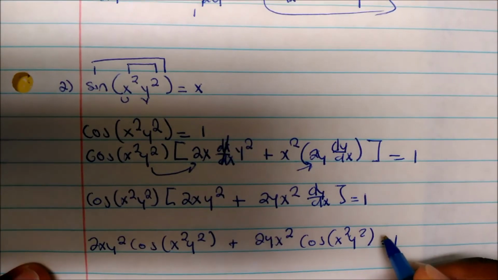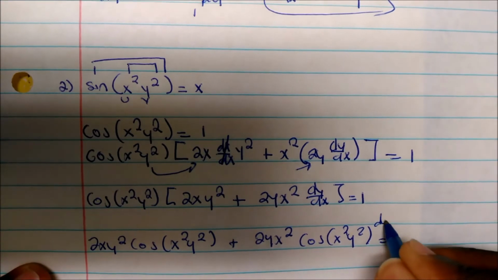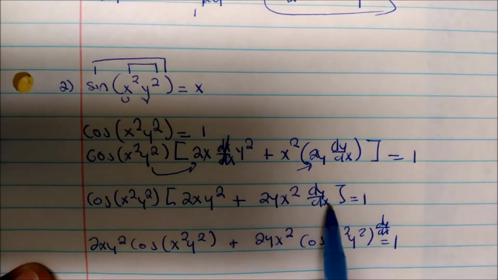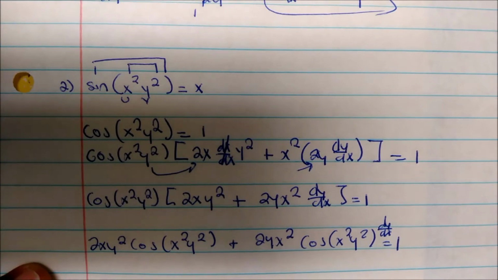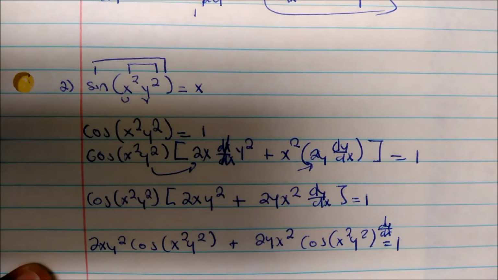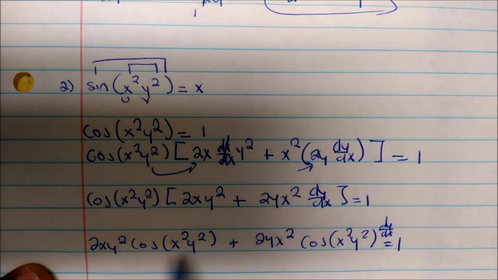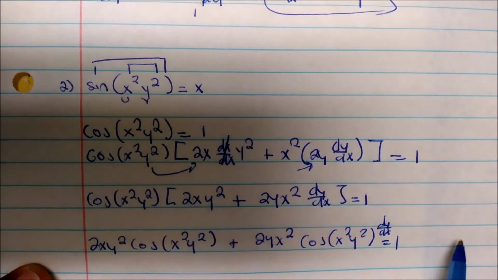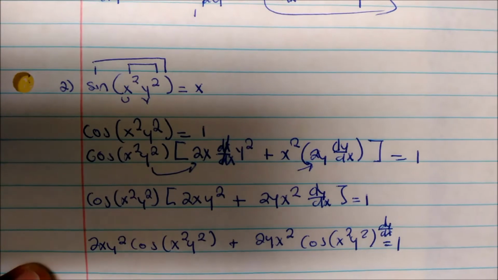Now, whoa, I forgot my dy/dx. Apologize, guys. This should be dy/dx stemming from here, right? So that would be my dy/dx. So now we have an addition right here. I'm just going to move this over here to isolate my dy/dx.